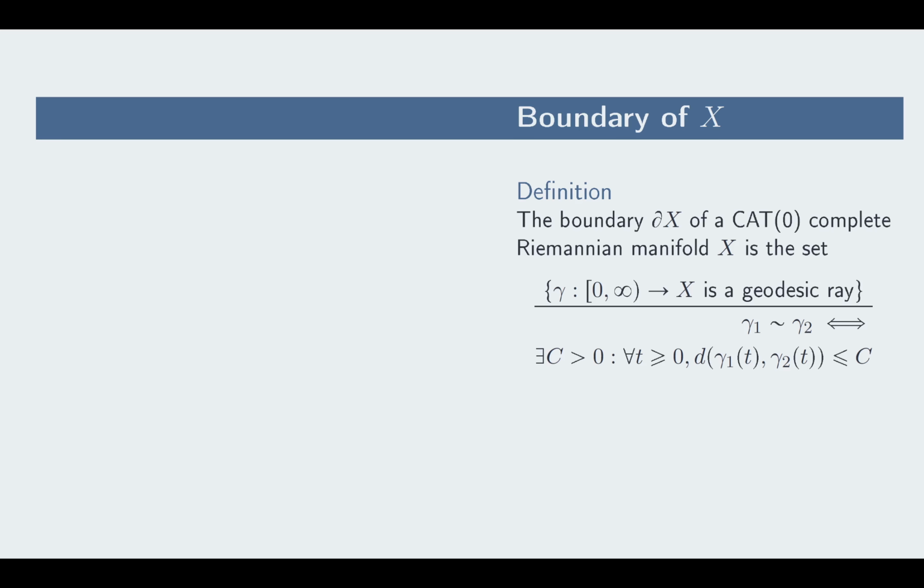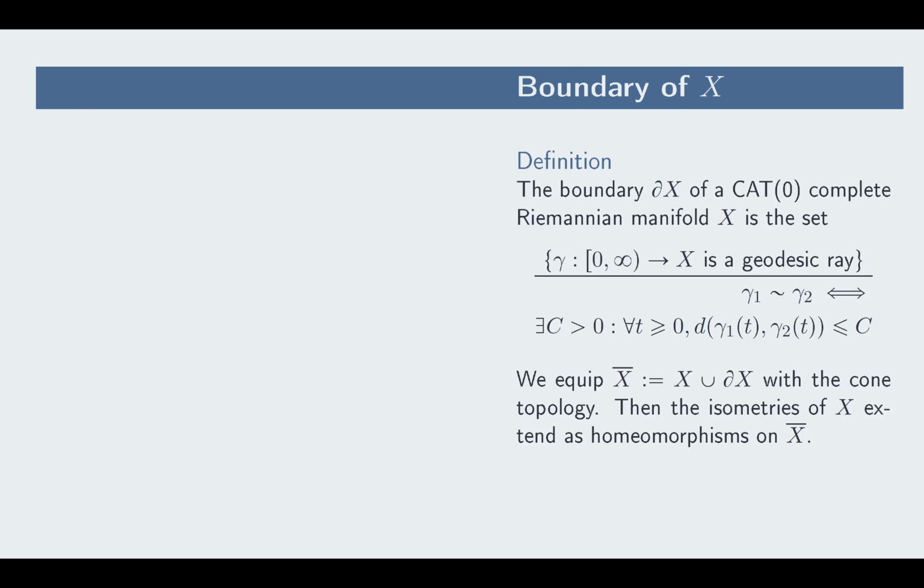Now, we want to consider the boundary of this CAT(0) symmetric space. The boundary of any CAT(0) metric space has the same definition. I consider geodesic rays starting from any point, up to asymptotic equivalence classes, which just means the distance between two geodesics is bounded if they are equivalent.